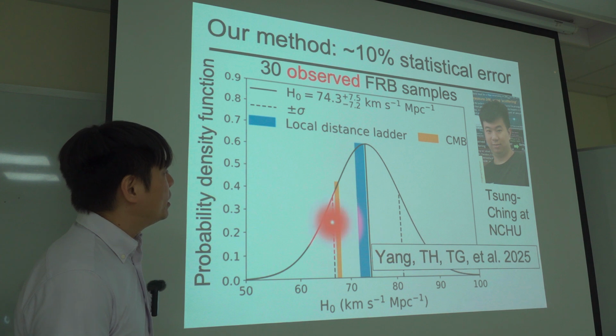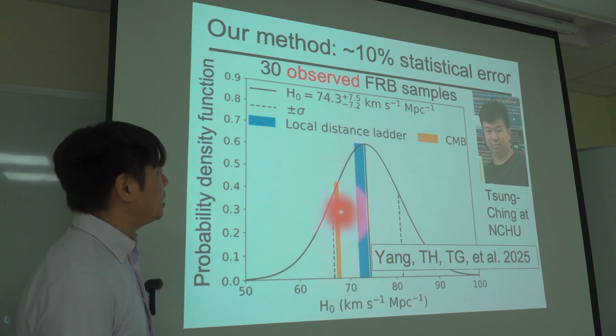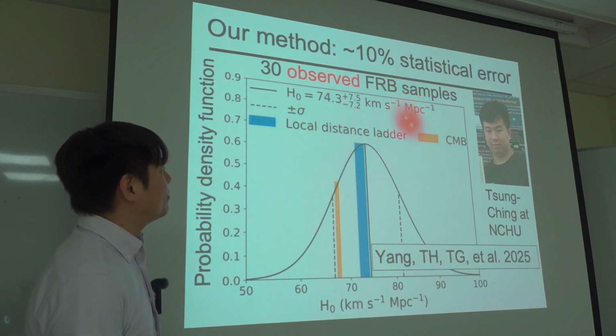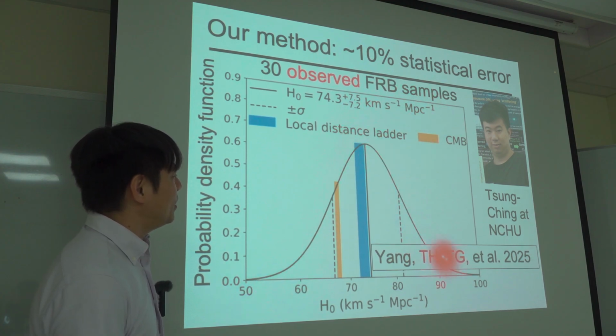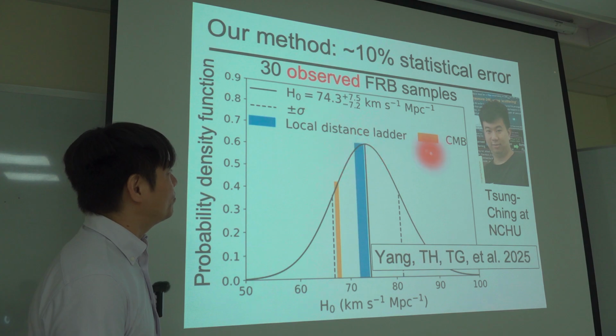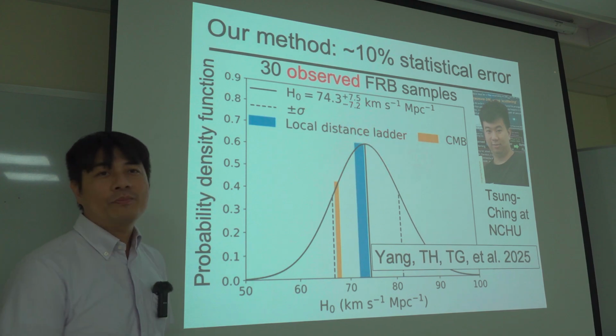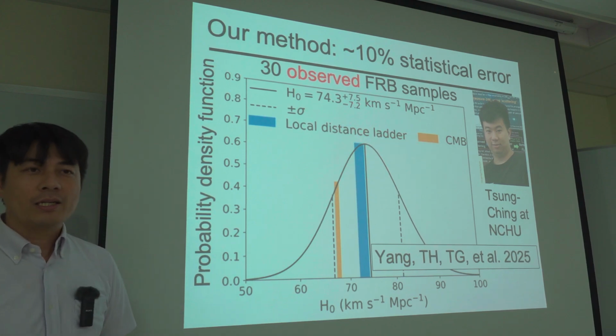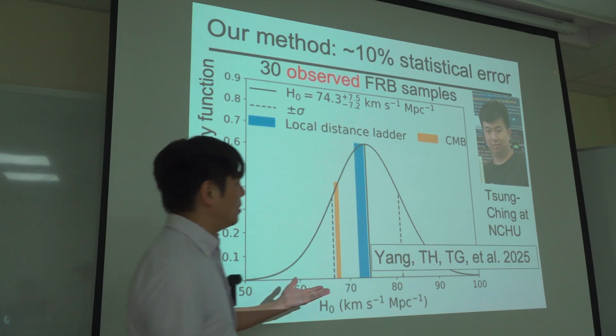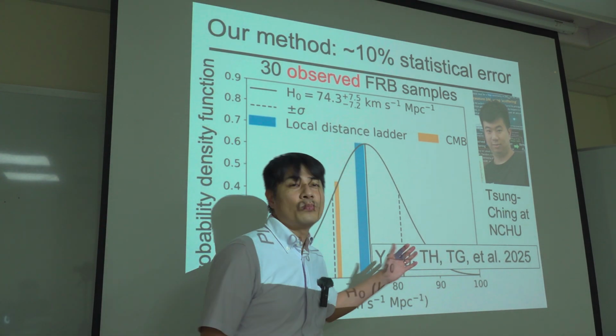So in this sense, Zhongqin's method is consistent with both of them within plus or minus 1 sigma error. So that's maybe the accurate way to explain this figure.